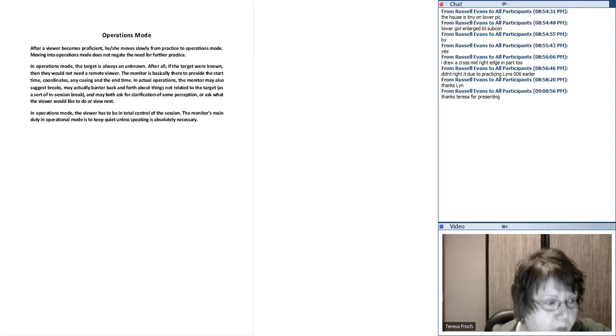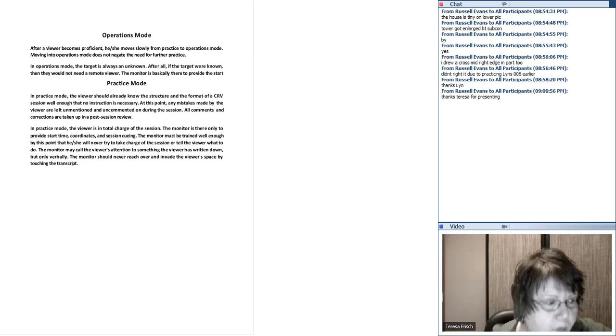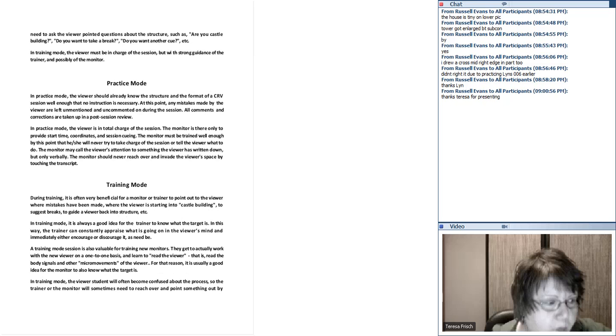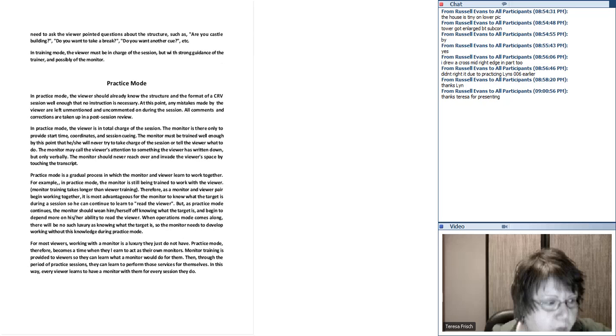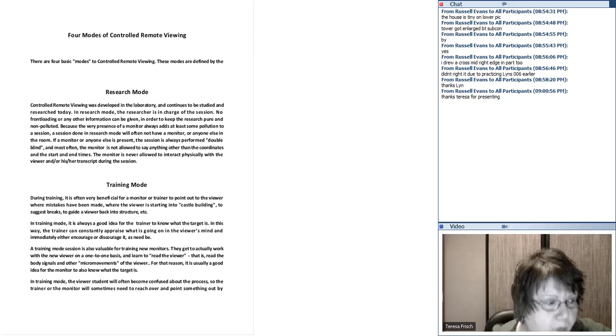In training mode, I don't know of anybody else who does this, but when we train a viewer, we also train them to monitor. For instance, we'll have one student act as the monitor while the other views, and we teach the one student, at the end of phase 1, you are only allowed to say, there may be other gestalts at the target, would you like to take the coordinates again?